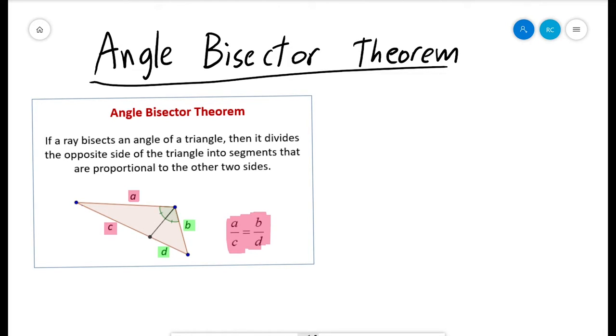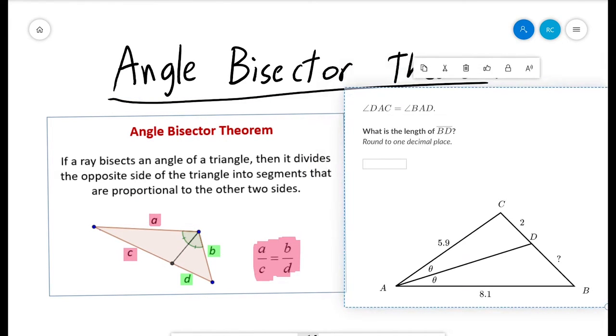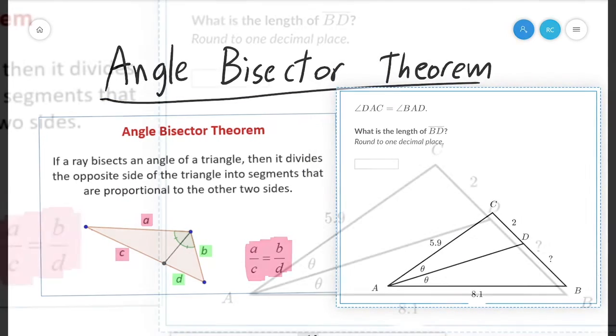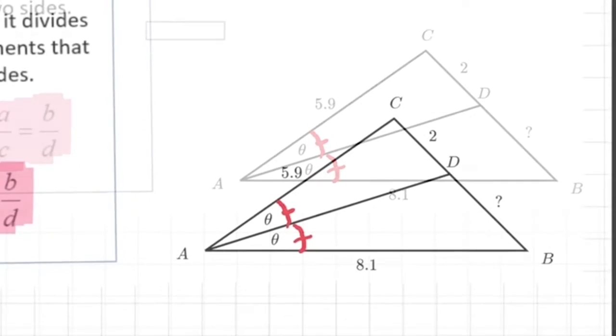Okay, so let's take a look at a couple of problems on Khan Academy itself. There we go. Okay, so it says that angle DAC, that's this angle right here, is congruent to angle BAD, that's this angle right here, so those are congruent, which means we've got the angle bisector theorem.